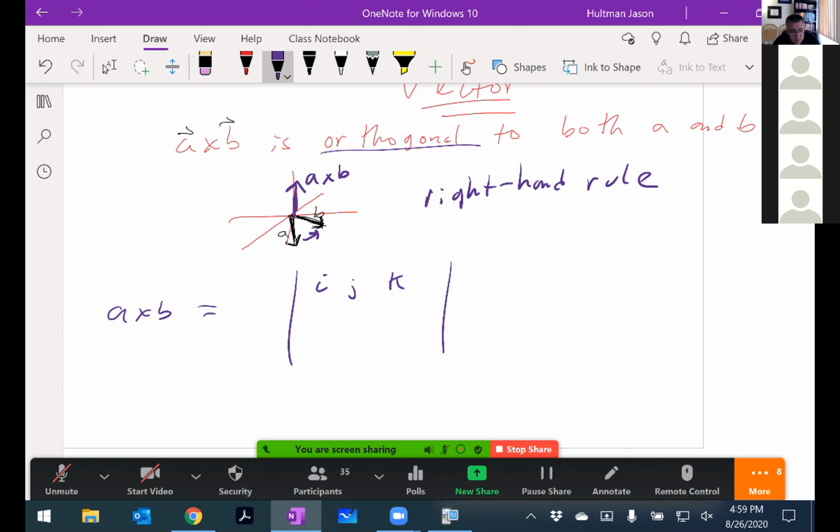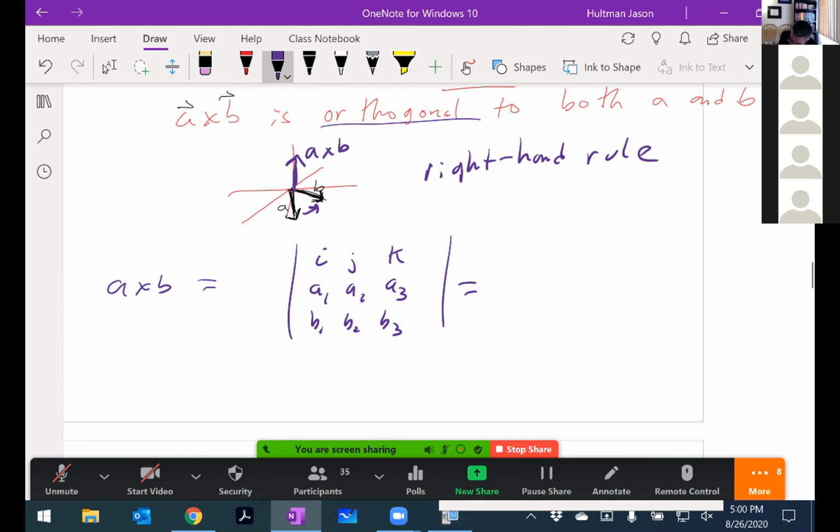It's about the cross multiply. Okay, I, J, K, this is A1, A2, A3, B1, B2, B3. When we find the determinant of this matrix, we get the exact same thing that we had above.